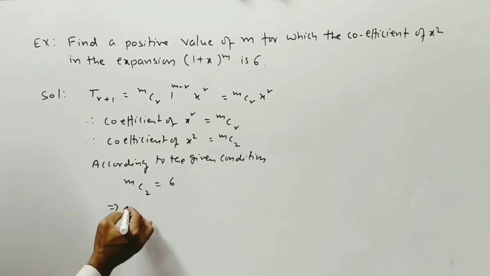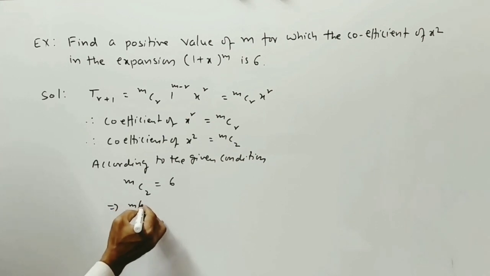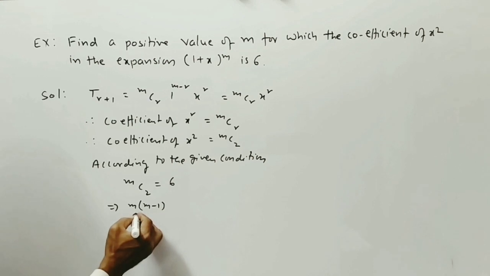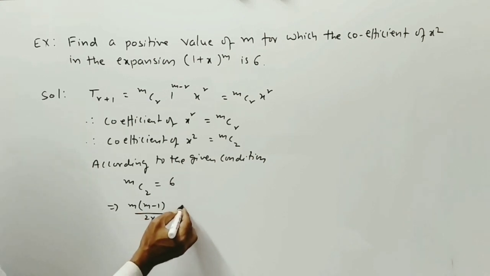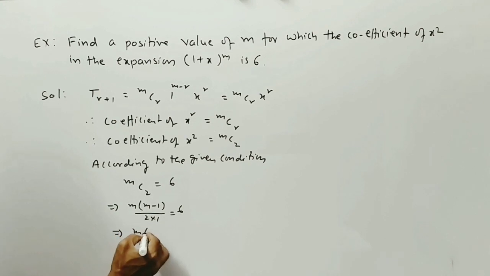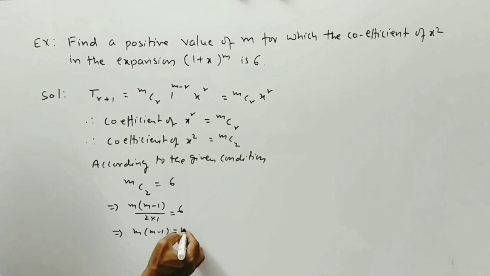This implies m into (m minus 1) divided by 2 into 1 is equal to 6. This implies m into (m minus 1) is equal to 12.